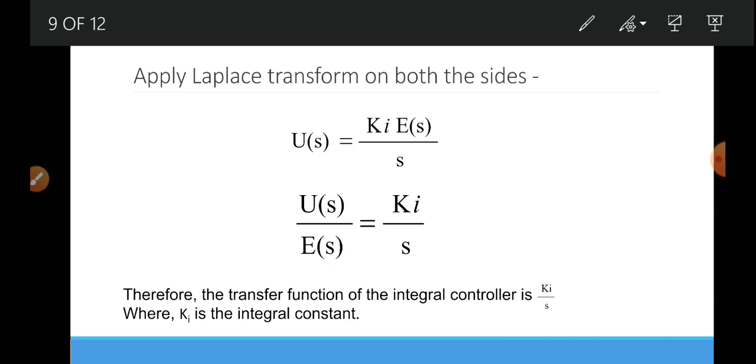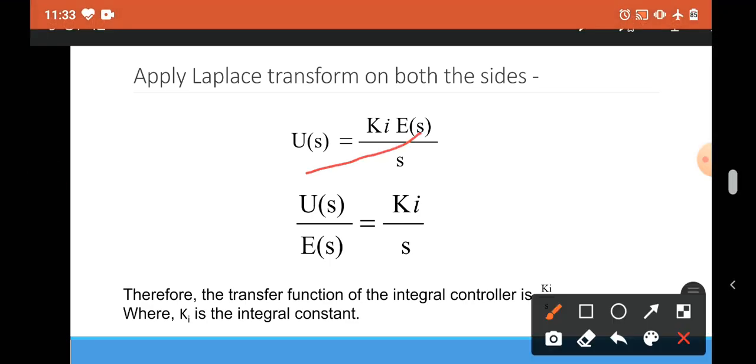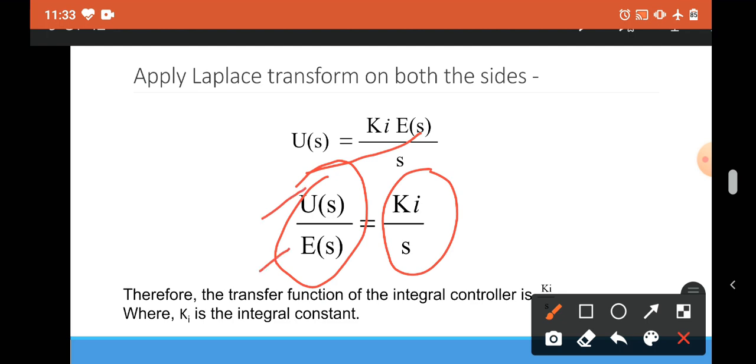If you take this e of s on the left hand side, in the denominator, this will look like u of s divided by e of s, and it will be equal to ki by s.